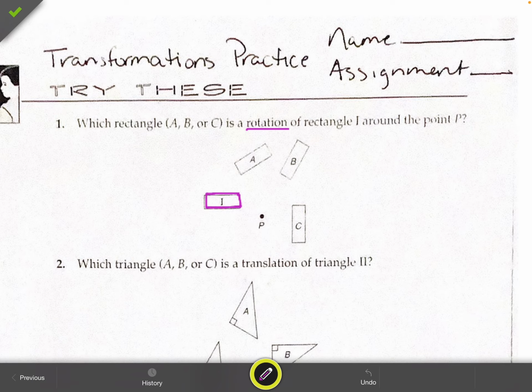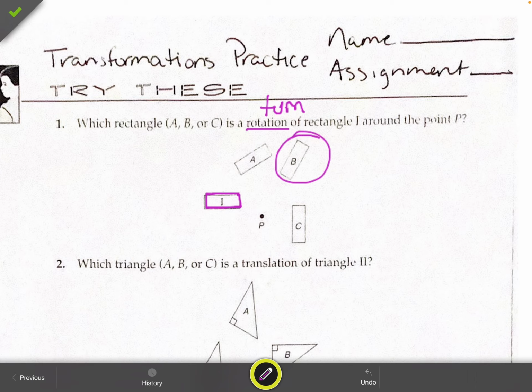They want to know which one is a rotation, A, B, or C. So first you got to remember, what's your keyword for rotation? Keyword for rotation is turn. Good. And starting out, you might want to jot that down. Okay, so which one looks like it?